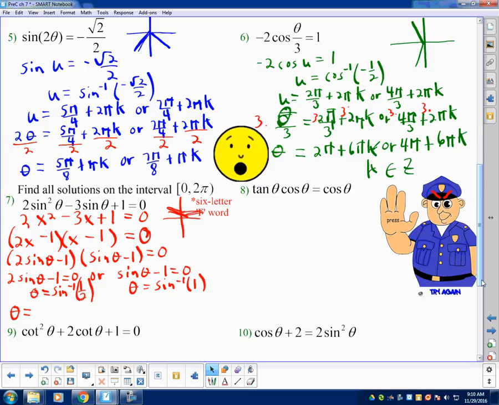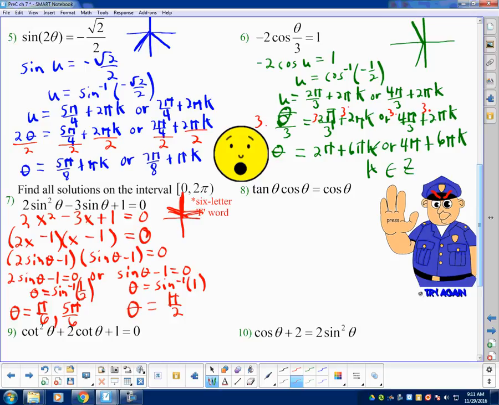So we have theta equals pi over 6 and 5 pi over 6. And we're only listing those two. We're not attaching a plus 2 pi k to it. We don't need to. We're only listing all the solutions between 0 and 2 pi. And then here, theta would equal, it's straight up right here. So theta equals pi over 2 for that one. That's it.